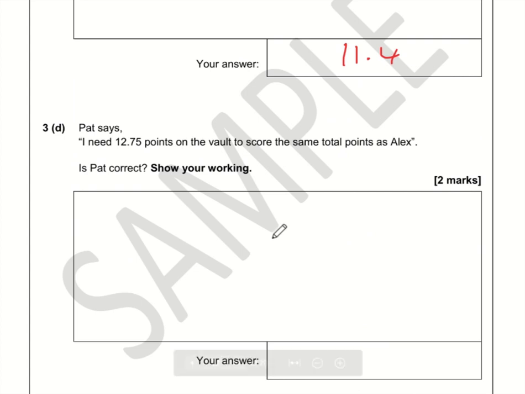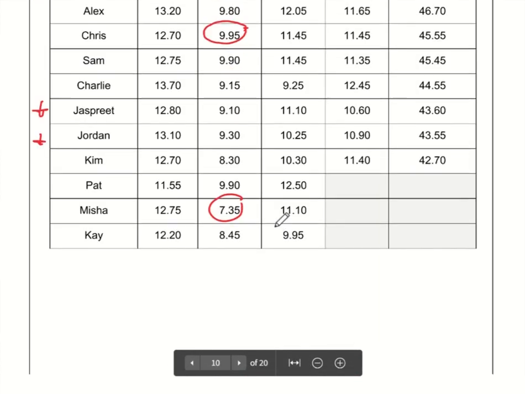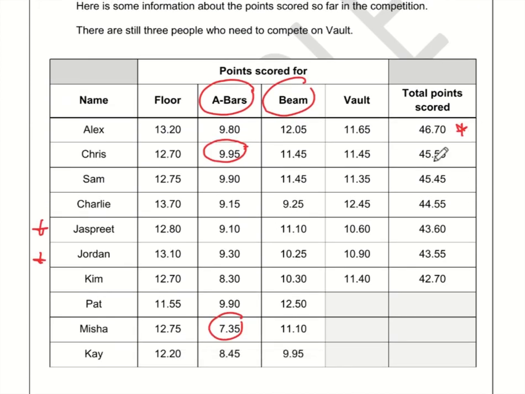Okay, Pat says that he needs 12.75 points on the vault to score the same total points as Alex. Okay, let's take a look. So Alex's total points is 46.7. So if Pat is 46.7, then what we need to do is subtract these values from 46.7. 46.7, take away 11.55, take away 9.9, take away 12.5.